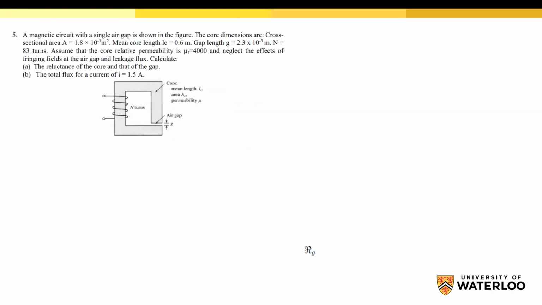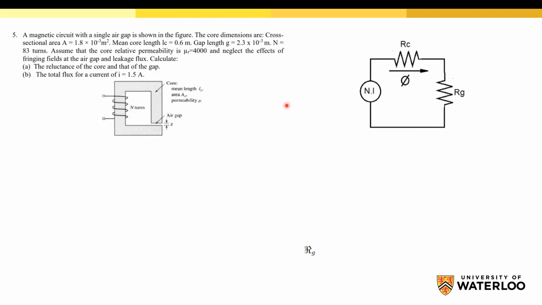So in order to solve this circuit, we need to draw the equivalent circuit. Here we have a source for the magnetic flux, which is a coil, and this coil produces a flux, and this flux is passing through the core and the air gap. So we have a source, a core and an air gap.